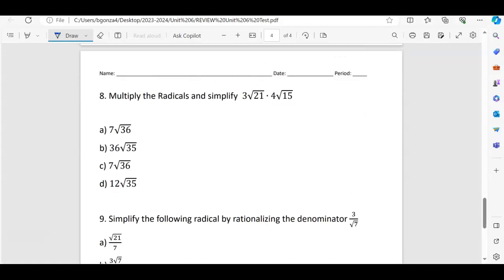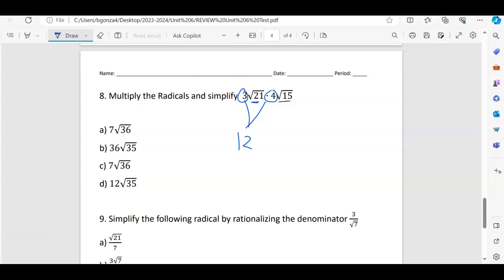All right, can you multiply the radicals and simplify? So outside times outside is how you multiply. Okay. So outside times the outside multiplies to make 12.